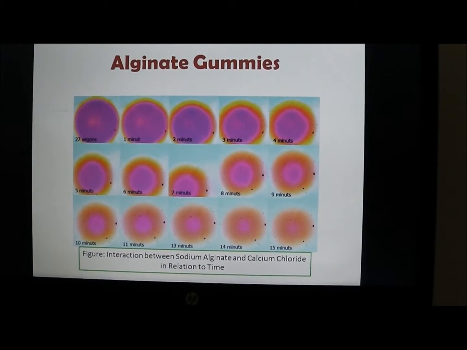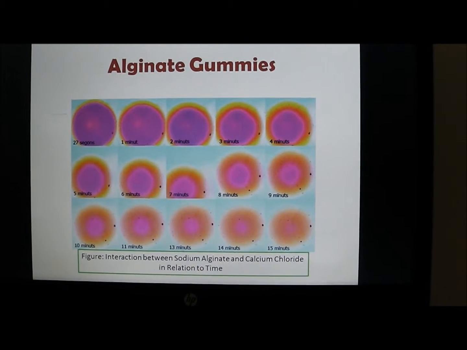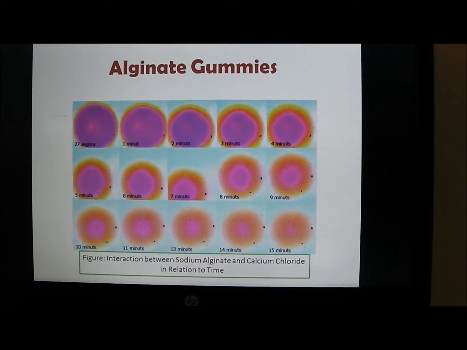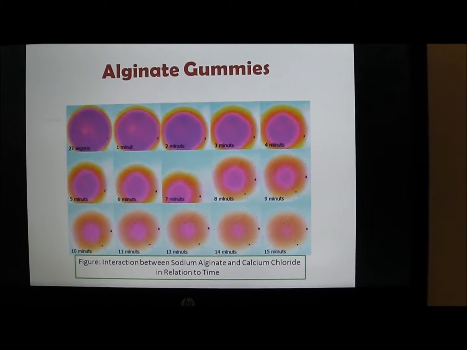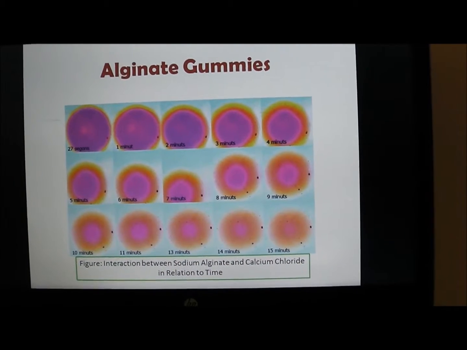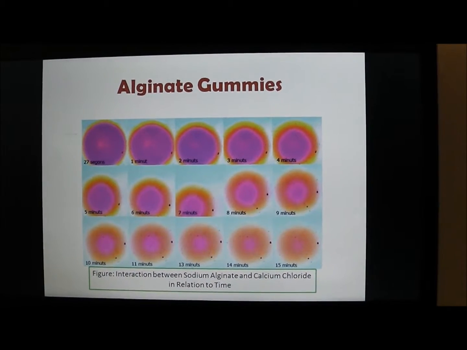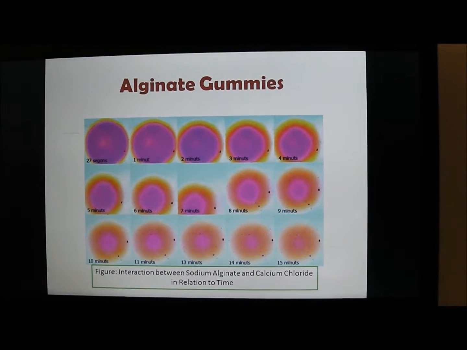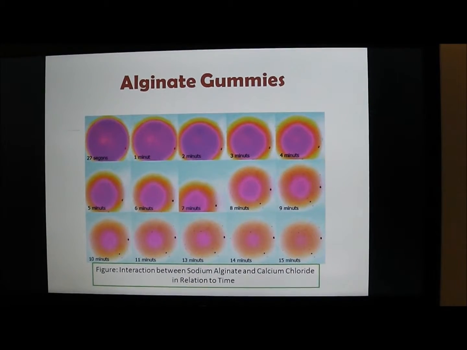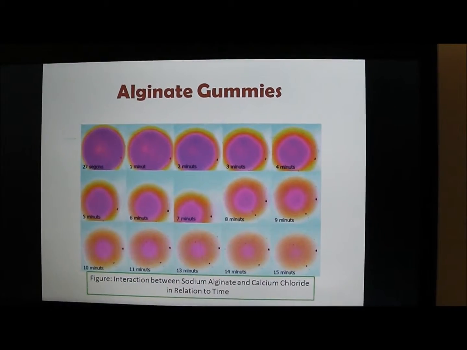The purple region is the liquidy phase as opposed to the yellow region, which is the solid phase, where the calcium chloride forms the encapsulation. As time goes by, it will become more solid on the outer layer as well as the inner layer.